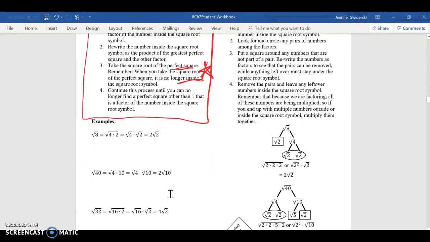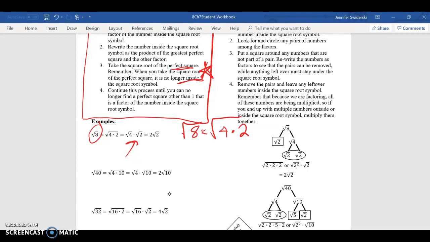Watch what happens, okay? So if I have the square root of 8, I know that is not a perfect square, right? So what I do is I know that that can become the square root of 4 times 2, because 4 times 2 is 8. Now I'm going to break that apart like they did here, to the square root of 4 times the square root of 2. Well, are either of those numbers perfect squares?